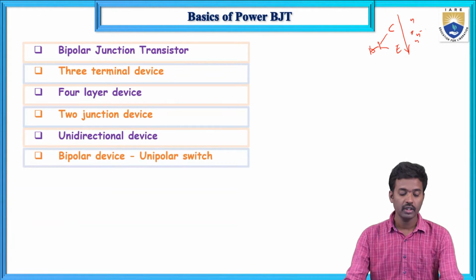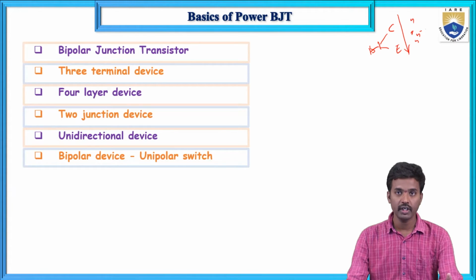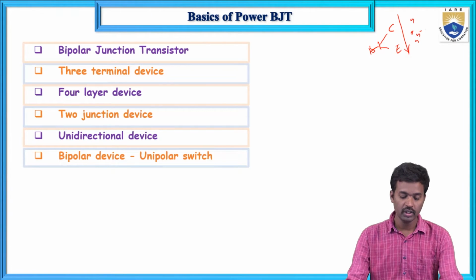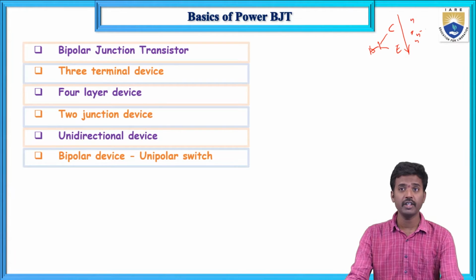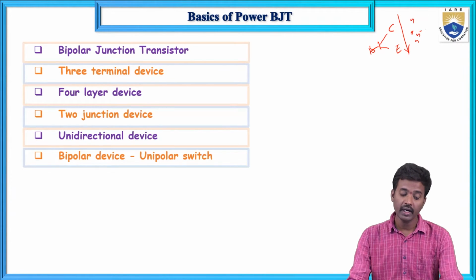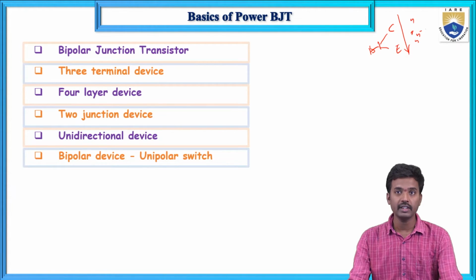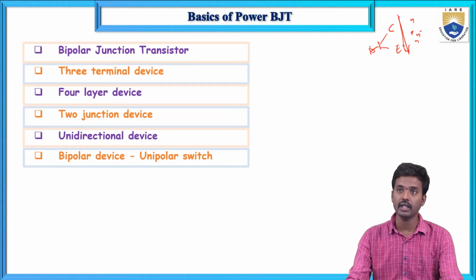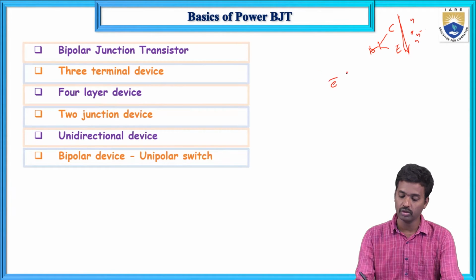So now here it is a bipolar device and a unipolar switch. Don't confuse here. What do you mean by bipolar and what do you mean by unipolar? Switches are classified into two types, unipolar and bipolar, and devices are classified into bipolar and unipolar. In the name itself, bipolar junction transistor means the current conduction is due to both electrons and holes.